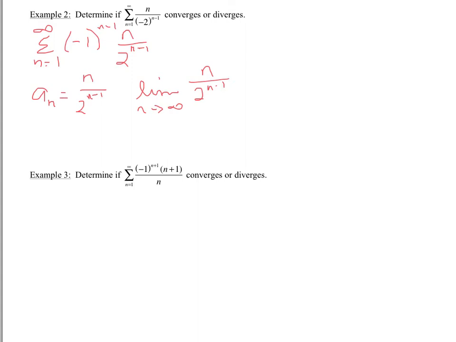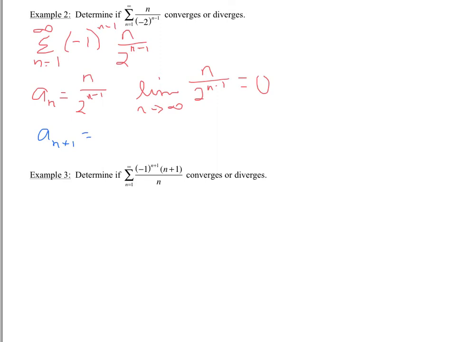But if we get up into really big numbers, 10 over 2 to the 9, that bottom's going to be huge. The bottom's going to grow much faster than the top, and so we are going to have a limit that goes to 0.